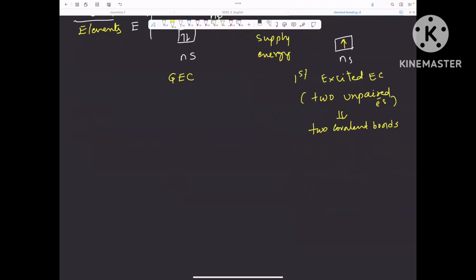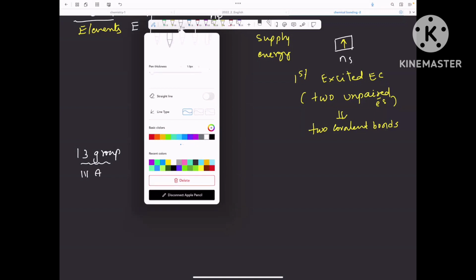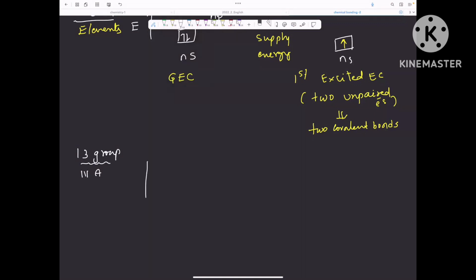Now let us consider the third group, the 13th group. We are not dealing with the bonding of the d block elements. So let us go to the 13th group, which is also called 3A group. In case of 3A group, on the energy diagram, their outer electronic configuration is ns, np.